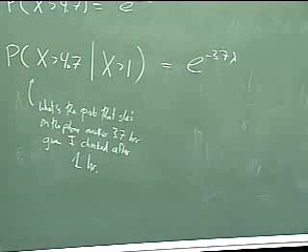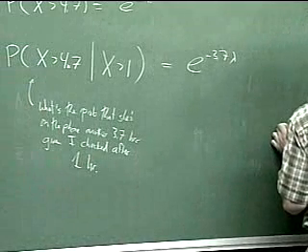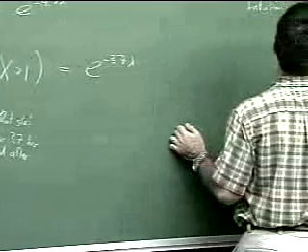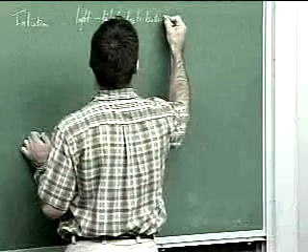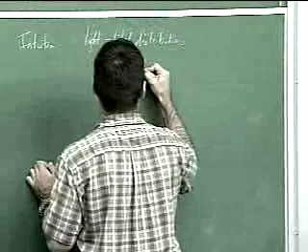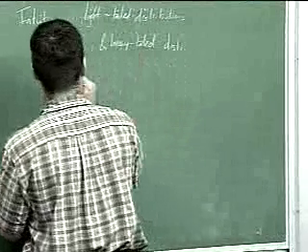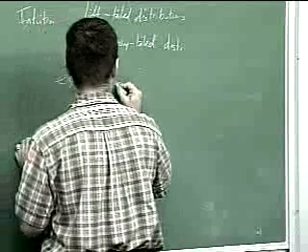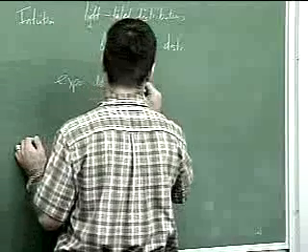Okay, and the way to get the intuition is to think of light-tailed distributions and heavy-tailed distributions. And to know that the exponential random variable, or the exponential distribution, is in the middle.